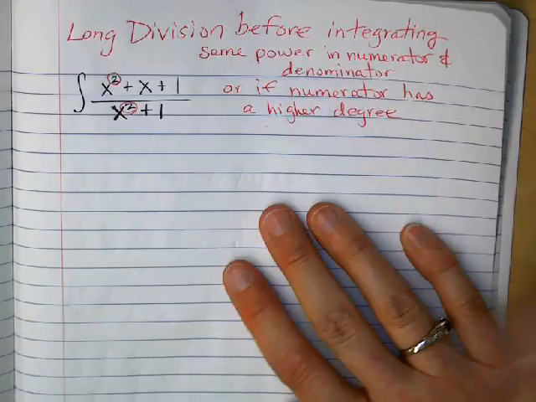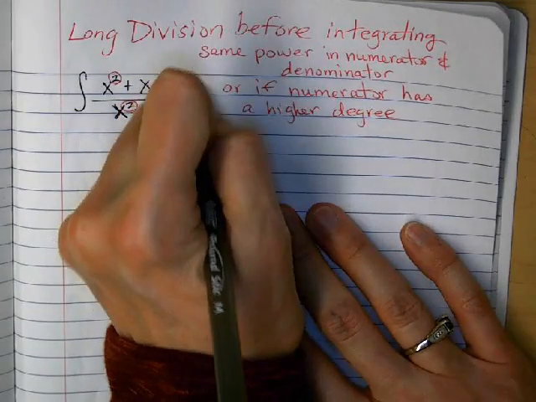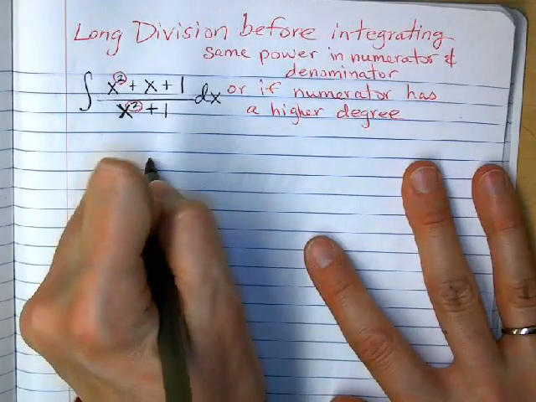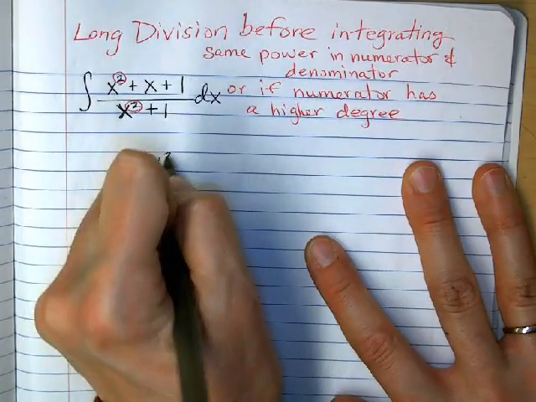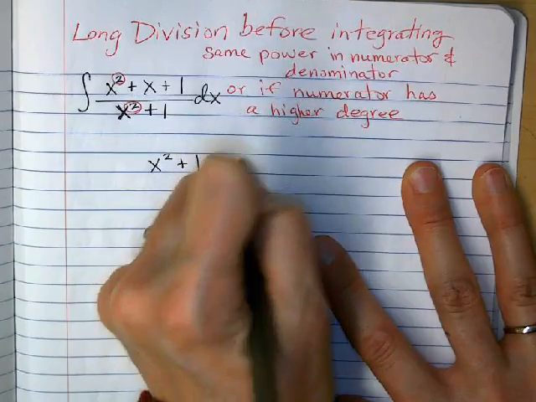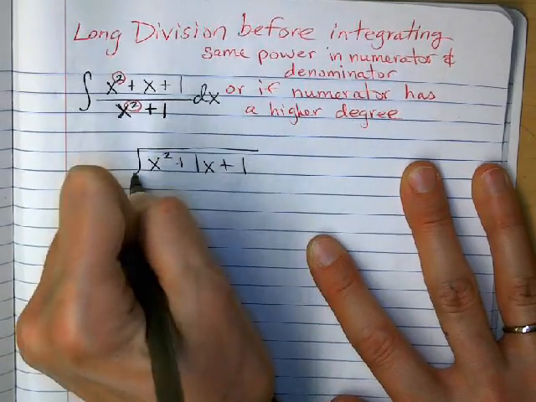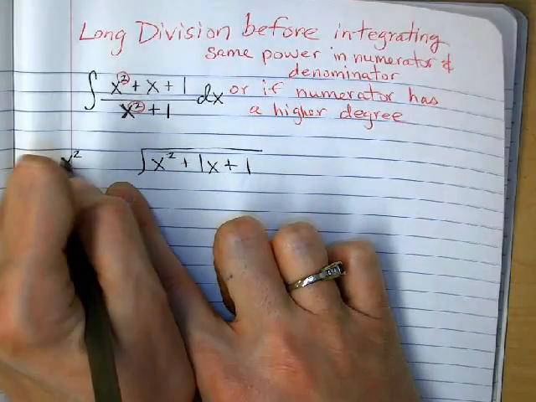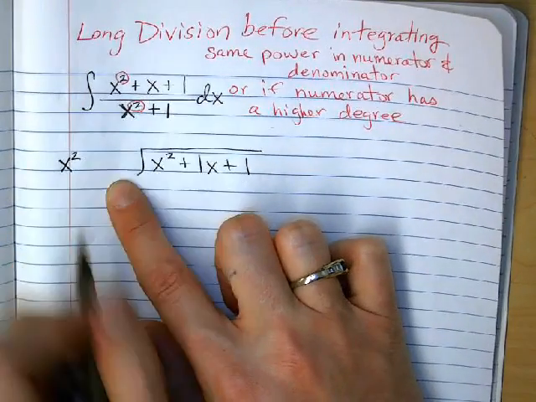So, reviewing long division. Okay, the numerator says x squared plus 1. You need to divide that by x squared plus 1. Now when you do the division, I think it helps if you fill in missing powers.